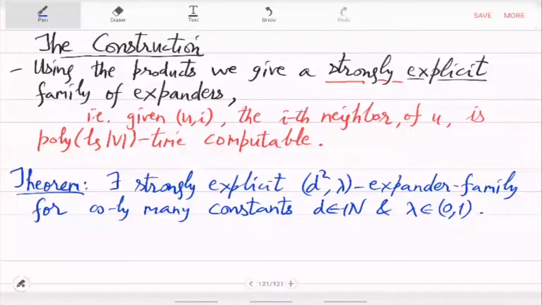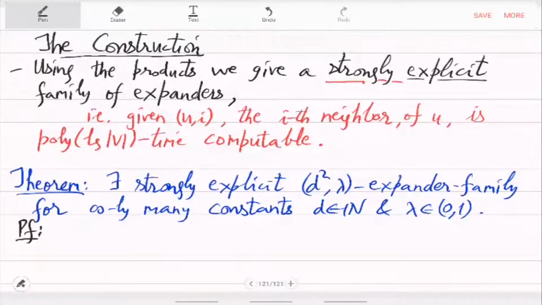So, d being natural numbers, and lambda being a positive fraction less than 1. Now, further away it is from 1, the better expansion. Okay, so now we just have to give you the sequence of products to do.